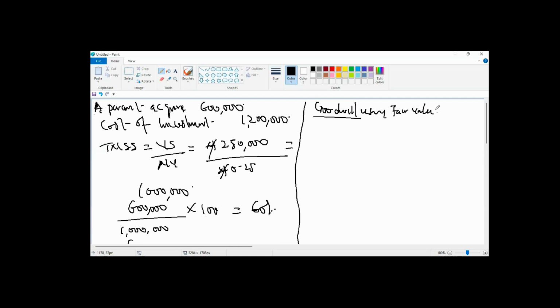I will say cost of investment, which is 1.2 million, add NCI, which gives the purchase consideration. I will less the net assets at the date of acquisition, then I will derive the goodwill.